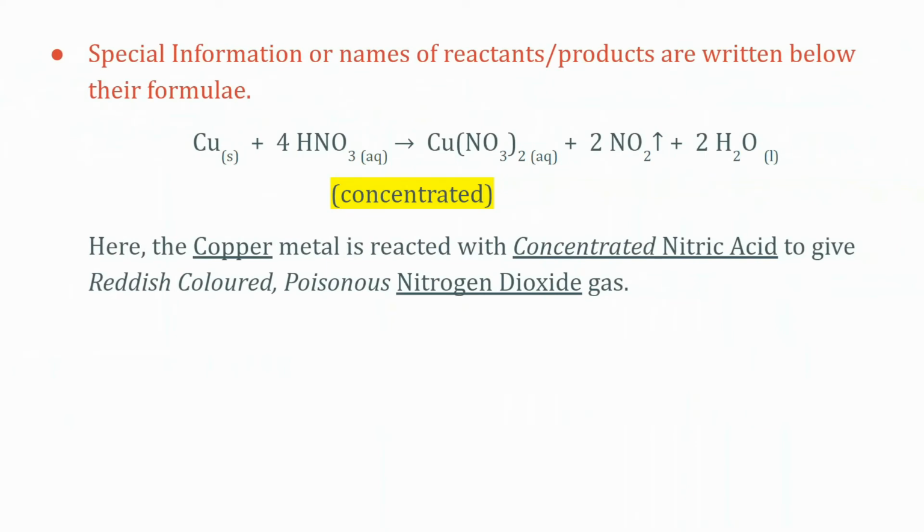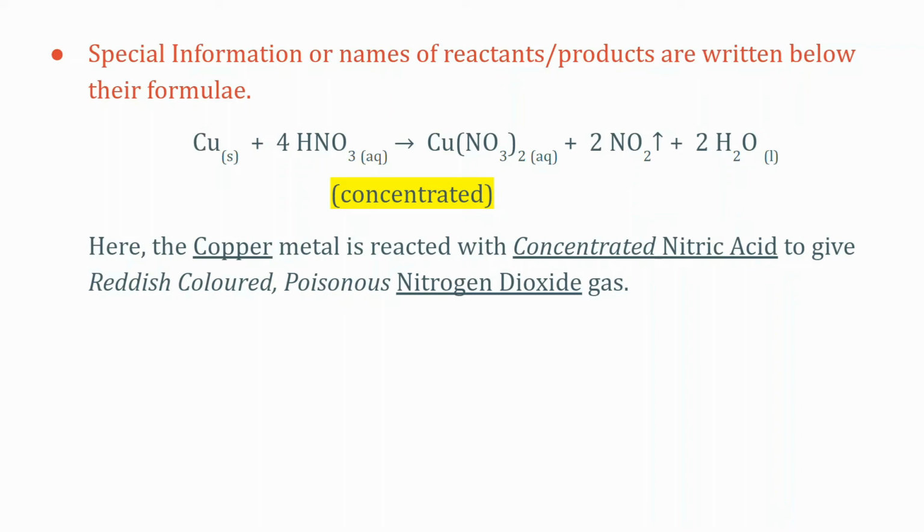Special information or names of reactants and products are written below their formula. For example, as I said, there are some states that you have to write for the reaction, that is whether it is solid or aqueous or liquid, then all those special information, or if the reaction is concentrated or dilute, whatever it is, you have to write it below the formula because you have to indicate what exactly it means.